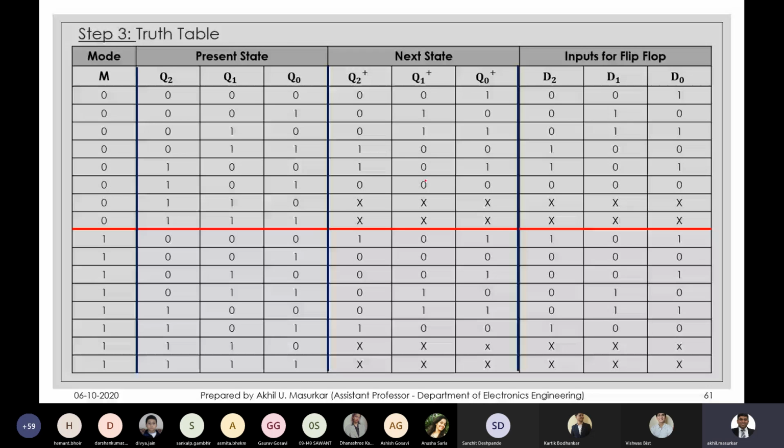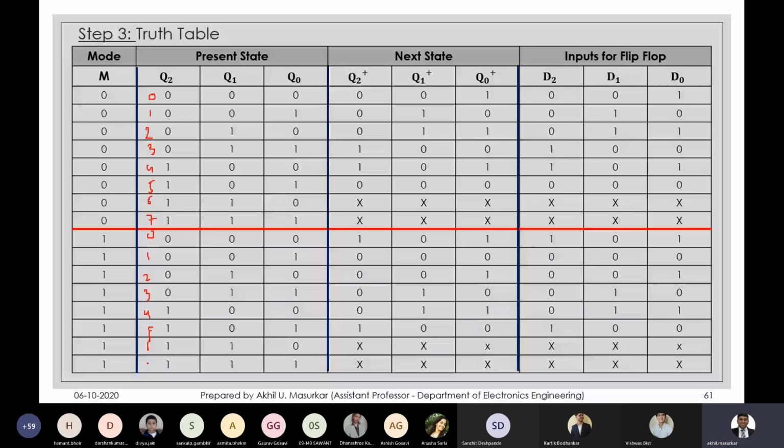Now you can see here very well that M can be 0 or M can be 1. So the present state can be 0, 1, 2, 3, 4, 5, 6 and 7, and this is also 0, 1, 2, 3, 4, 5, 6 and 7.